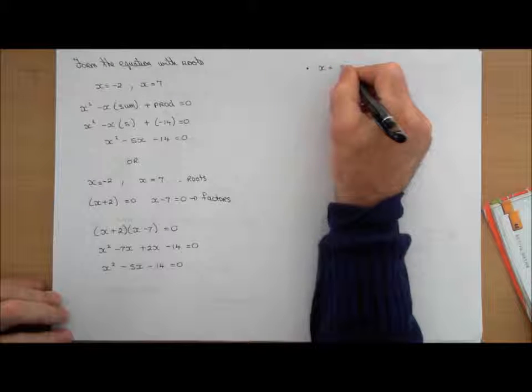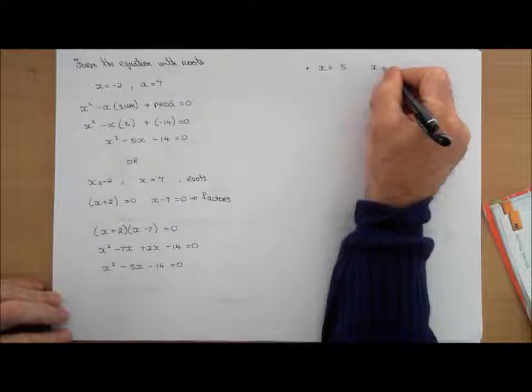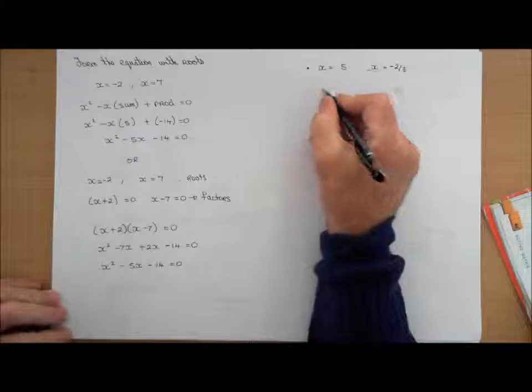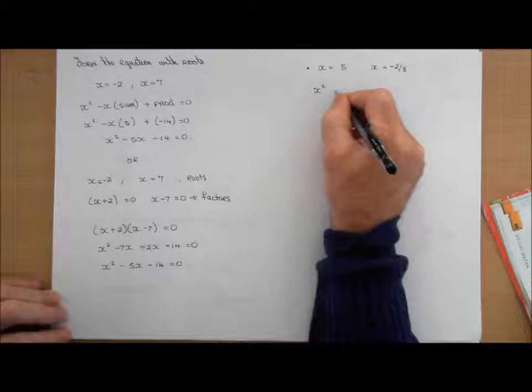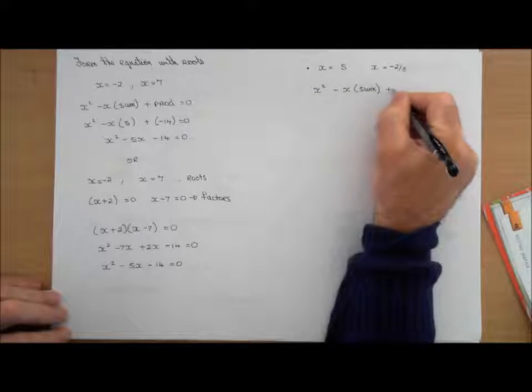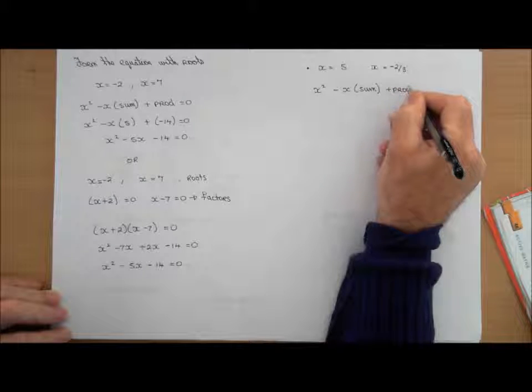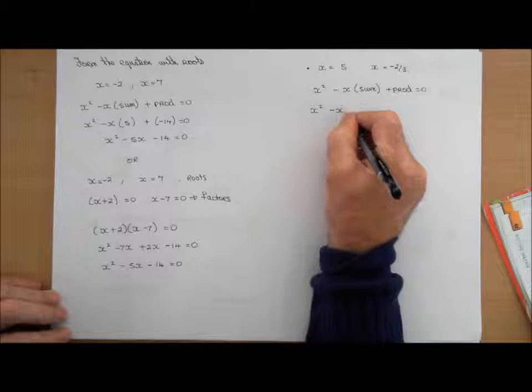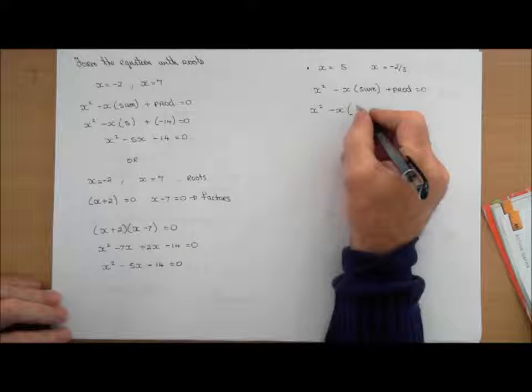If one root was x equal to 5 and the other root x equal to minus 2/3, I could say the equation is x squared minus x times the sum of the roots plus the product of the roots equal to 0. It would be x squared minus x times, what's the sum of those roots?